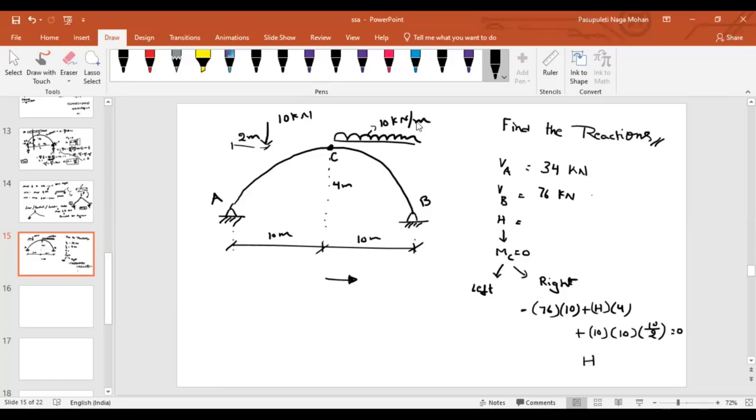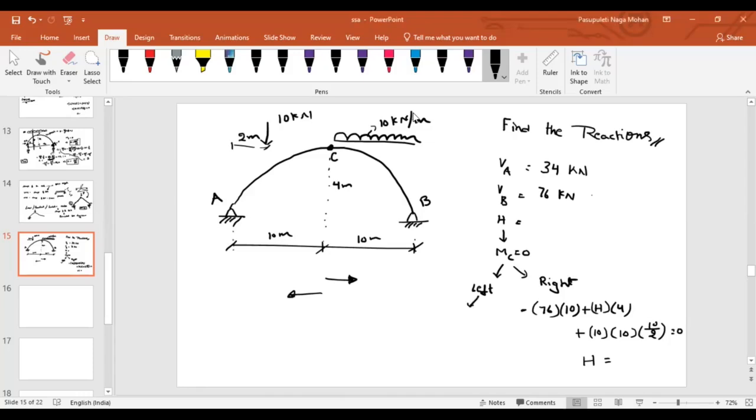How much are you getting? You can take any side, left side or right side. Both answers should be the same. It's not like you should get a different answer. If you solve this, how much are you getting? If you are looking at the left side, then how will it be?